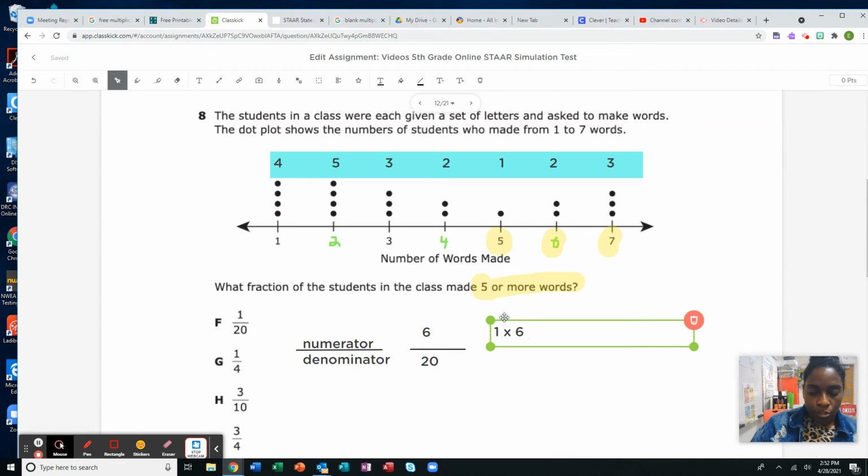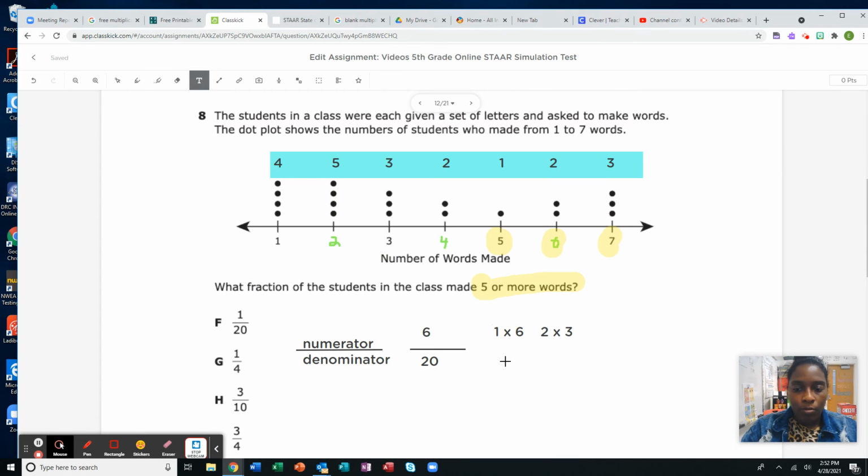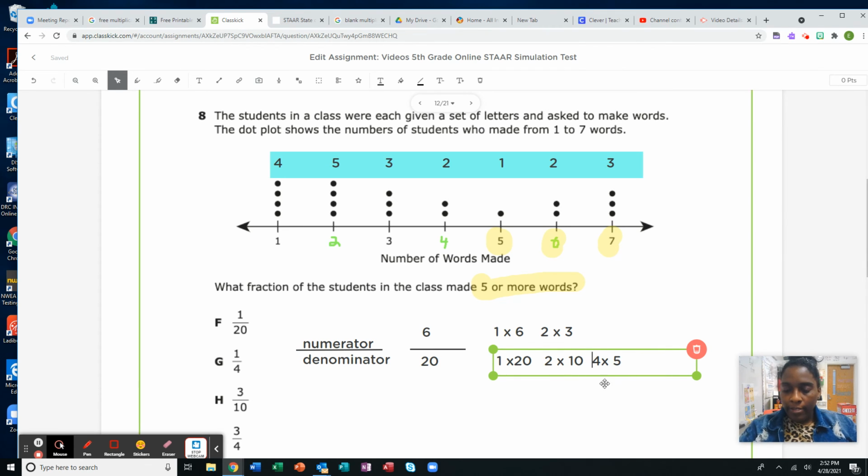And I know that 2 times 3 equals 6. Next, I'm going to go over to 20 and write all the factors that equal 20. So for 20, I have 1 times 20. I have 2 times 10. I have 4 times 5. And that is all the factors for 20.